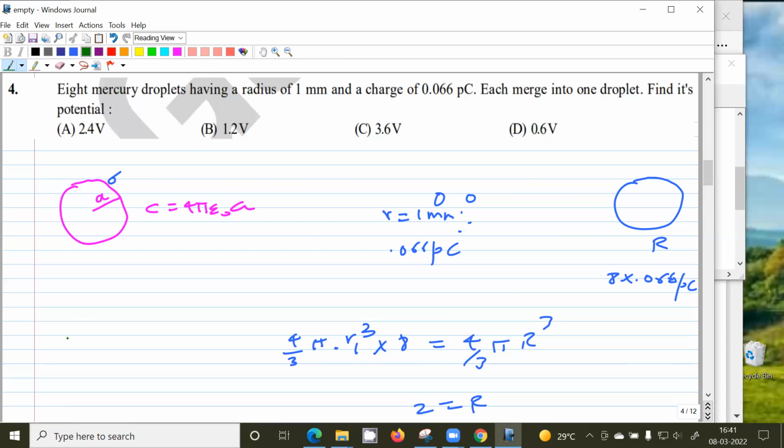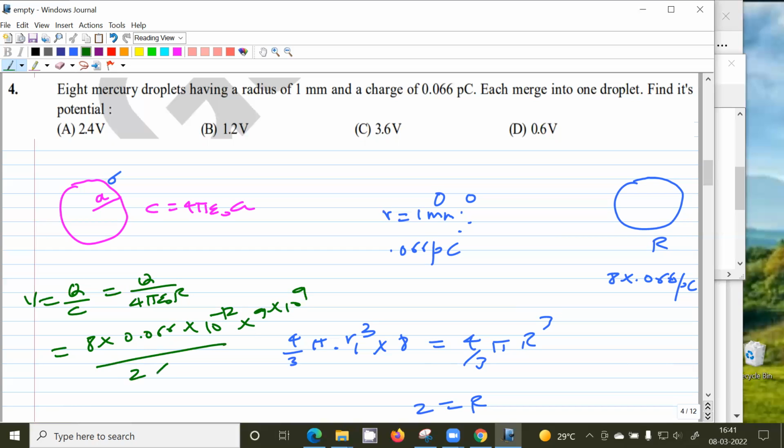Okay. I took wrong value. 0.066, it's not 0.006.